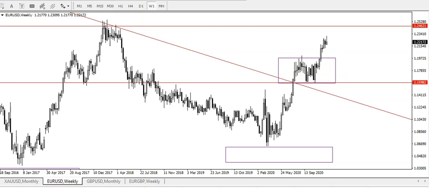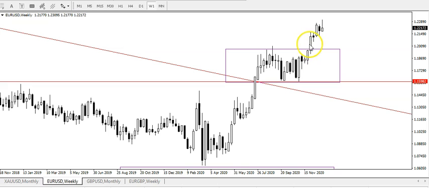However, if I were to zoom in very clearly, price broke out of my range with strong conviction, and price has moved higher. Having said all that, the price hasn't really followed through very clearly, so I would take a bit of precaution. No doubt my bias is still bullish.